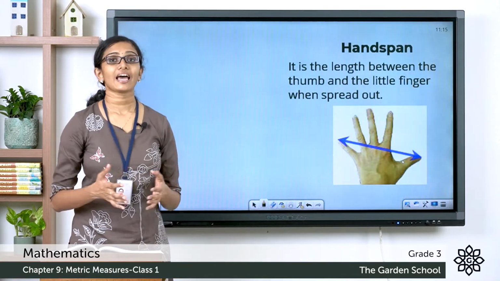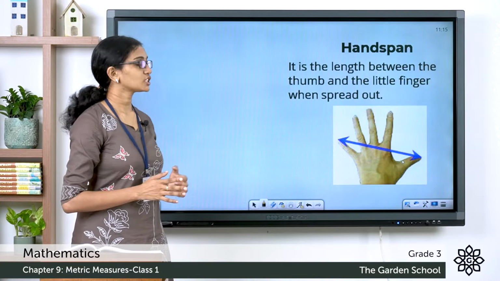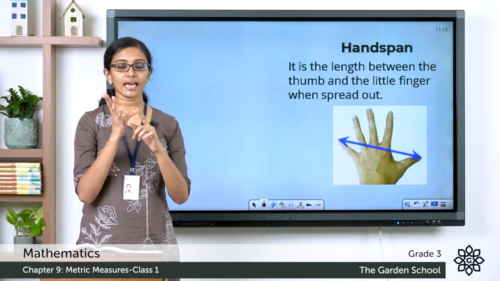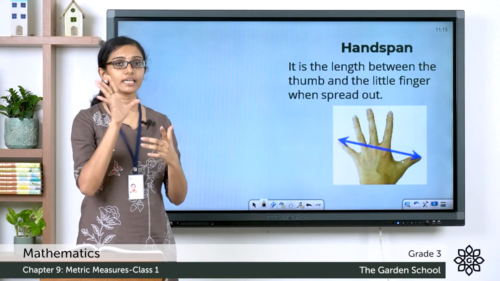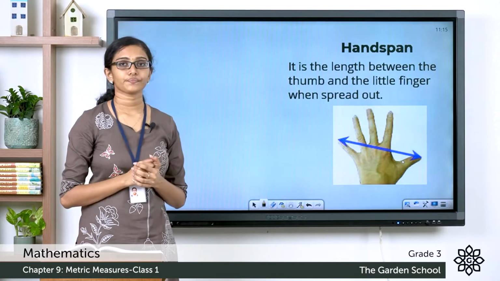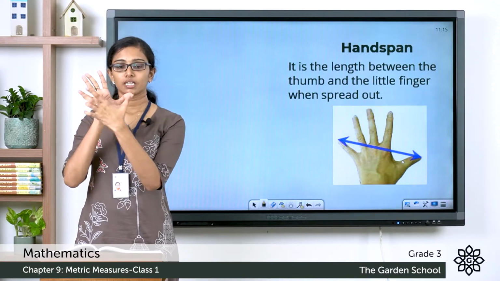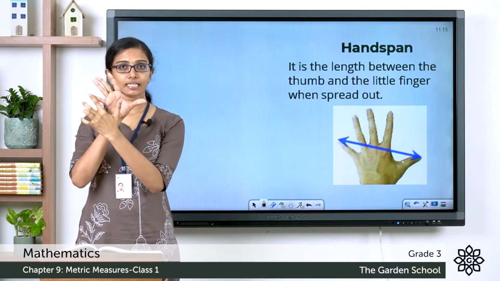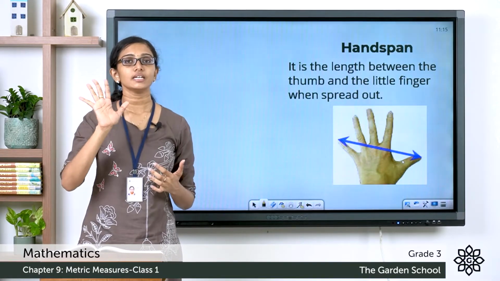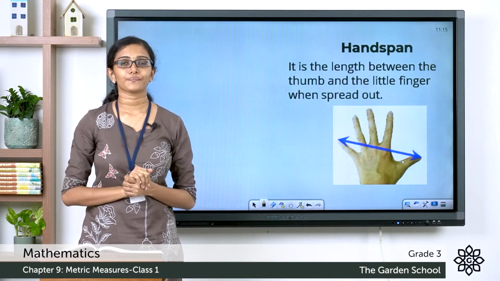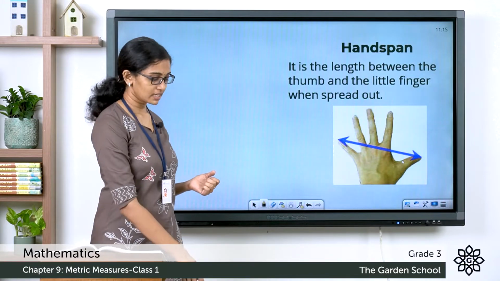So you can say hand span is the length between the thumb and the little finger when it is spread out like this. So it is this distance, the distance between the thumb and the little finger when the palm is spread out. Now what is cubit?